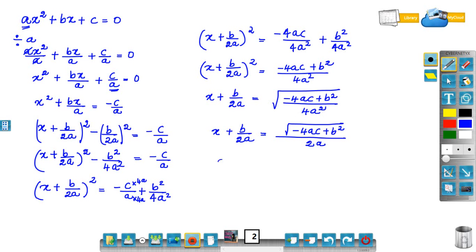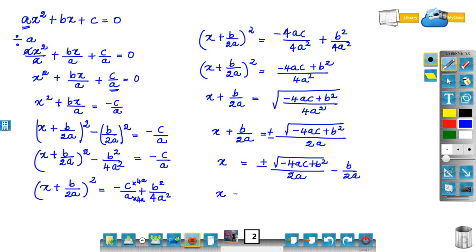Now, x is equal to, here the square root of minus 4ac plus b square divided by 4a square can be plus or minus square root of minus 4ac plus b square by 2a. So, x is equal to plus or minus square root of minus 4ac plus b square by 2a. When we take plus b by 2a to the right hand side, that becomes minus b by 2a.